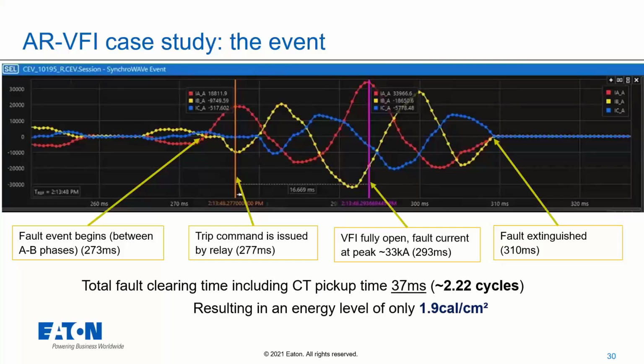That's just over a 30th of a second, an extremely fast amount of time that was able to keep that fault energy at about 1.9 calories per centimeter squared. So well under the level 1 category in this scenario, and no more than a small singe on that buswork. That protection scheme prevented a pretty catastrophic event when it comes to the safety of personnel at the site, and also damage to that UPS.